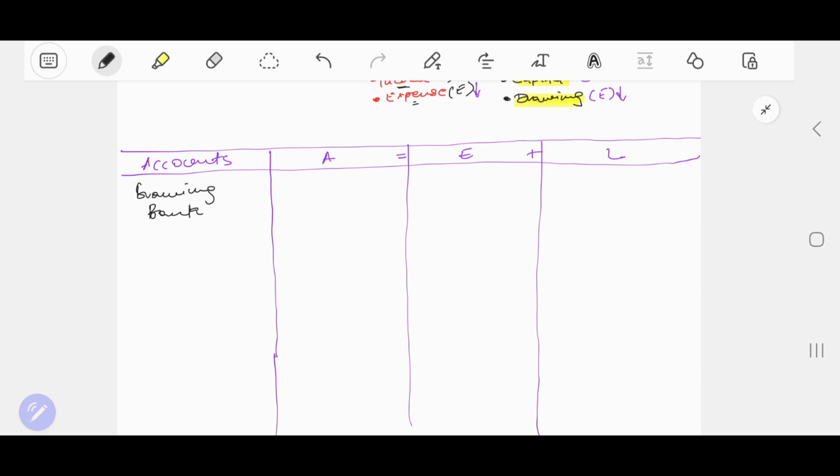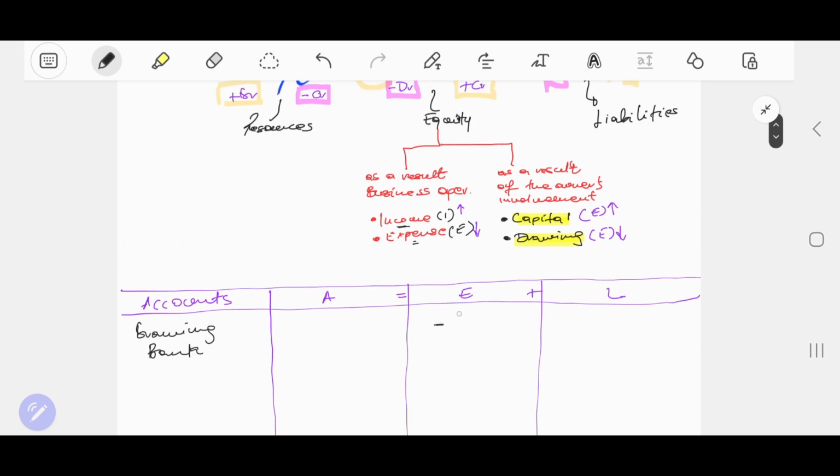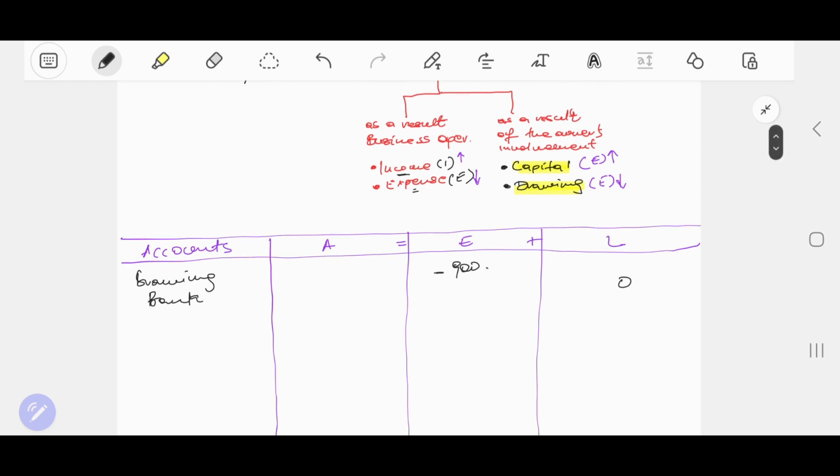So here we are going to record a minus how much? A minus 900. So it's going to be 900 here. And then here is going to be 0 because liabilities are not affected. And then bank is also going to go down by 900. So can you see when you transpose this to the side, it's going to give you a net effect of 0.